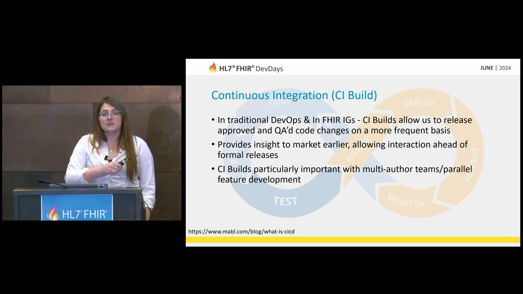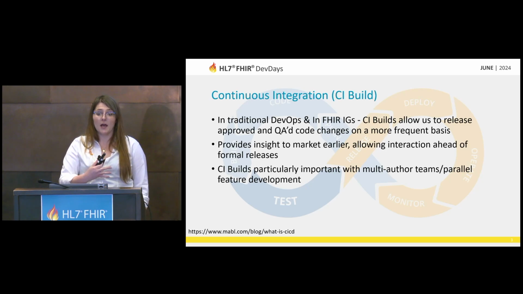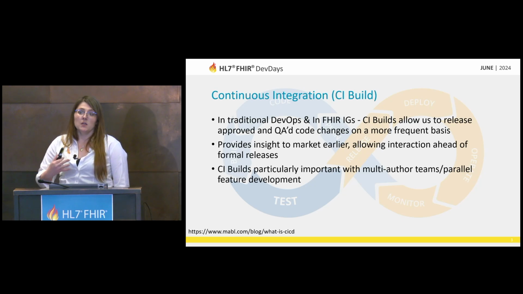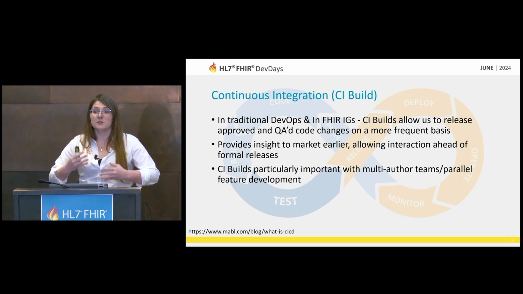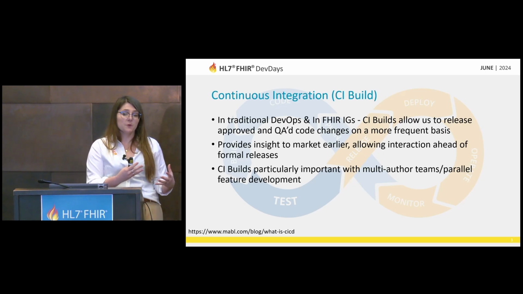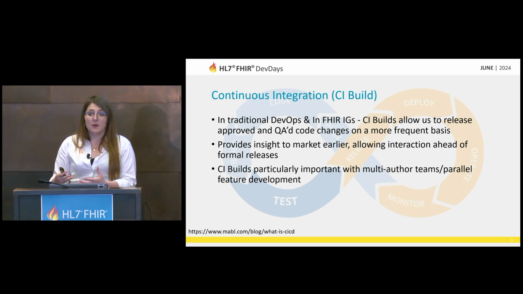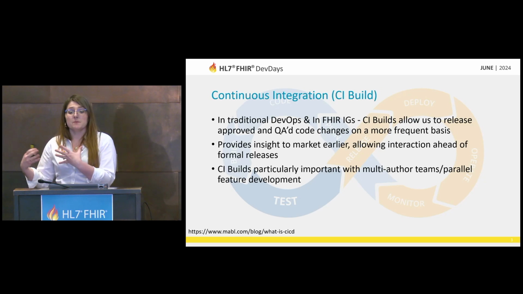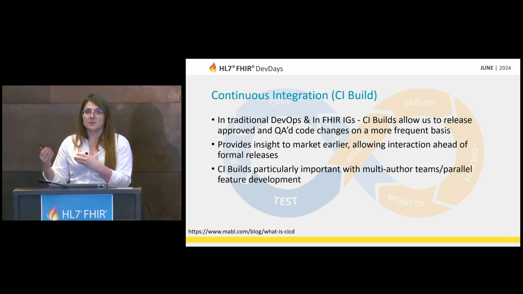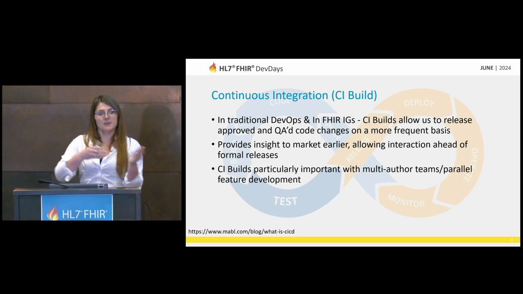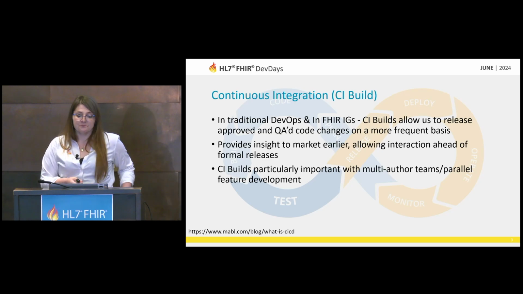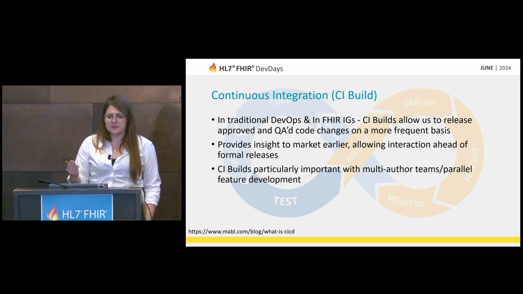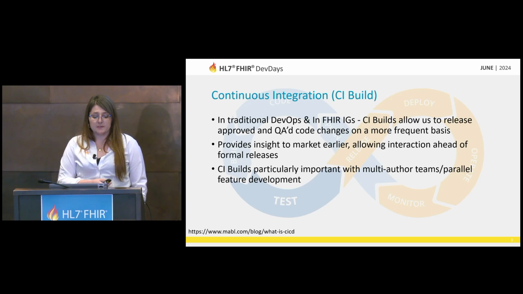That's because in traditional DevOps and in FHIR IGs, the idea of a CI build is a way of exposing our code to the outside world and showing this is the stuff that's been approved, that has gone through some degree of QA process, that has some degree of stability, that has gone from an idea on a page into actually being exposed for trial implementation. And it's a way of exposing that content on a more frequent basis.